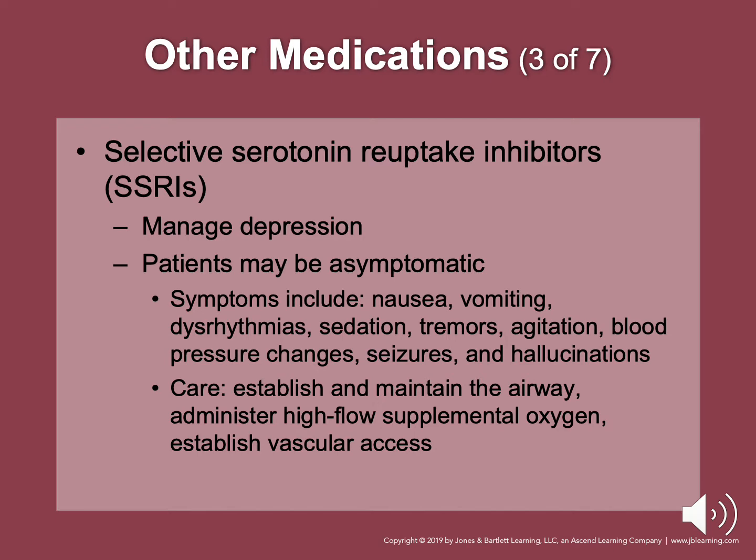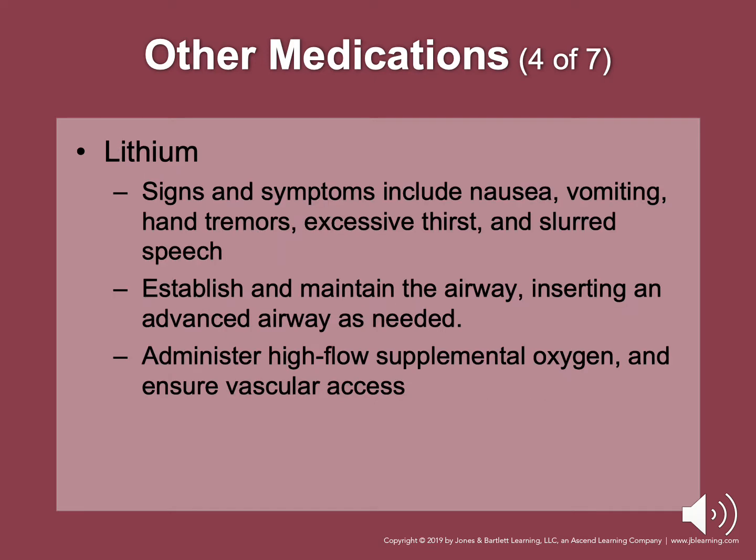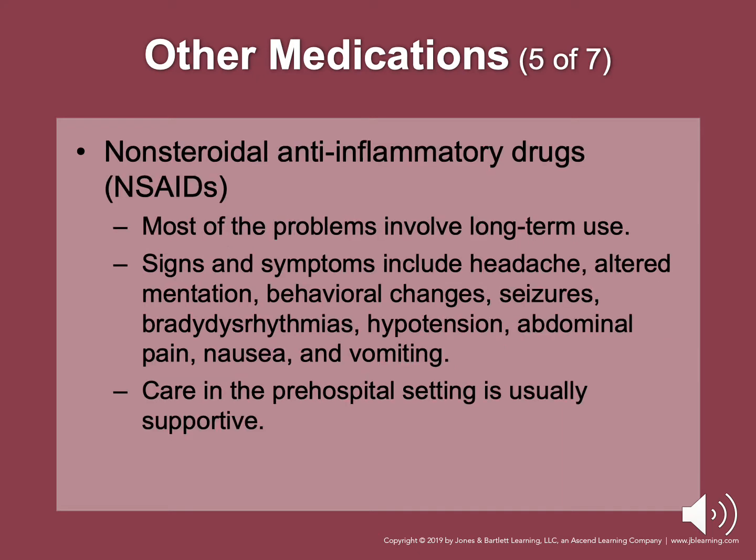NSAIDs: a lot of times this is just long-term use of NSAIDs, so supportive care also with those. A lot of these patients are going to have some GI bleeding most of the time, also some kidney dysfunction. Salicylates are an over-the-counter product that can cause toxicity when taken over a time period.